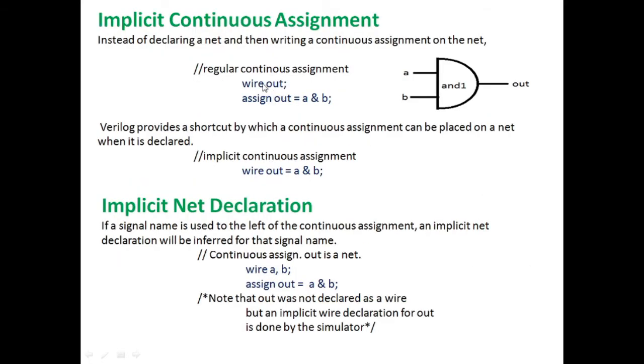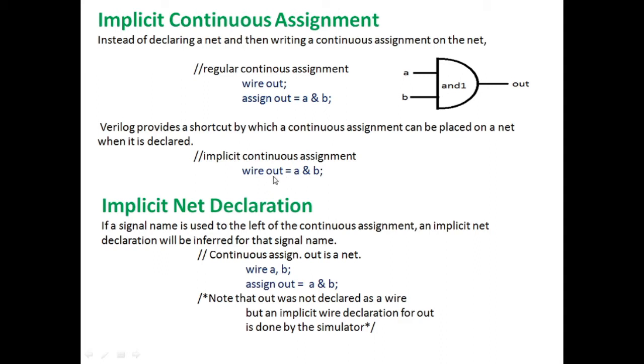Instead of this, we do have one more style of performing this assignment operation. Verilog provides a way by which a continuous assignment can be placed on a net whenever it is declared. As soon as I have declared out as of type wire, immediately I am placing the continuous assignment onto the net.